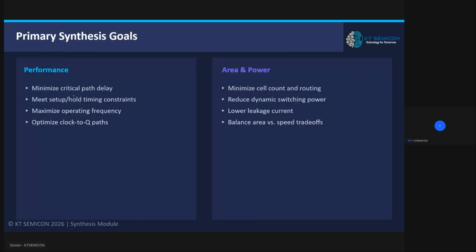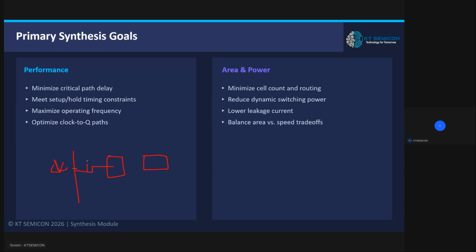These are the primary goals of synthesis. First, minimize critical path delay. When we have flip-flops, each flip-flop has one clock port and we apply a clock.